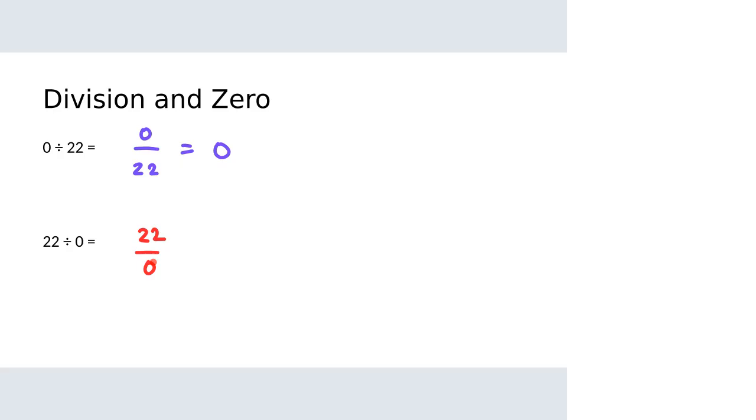Well, that's impossible. I already have a pile of 22 things. I can't make 0 piles out of this. This is undefined. So while we can do 0 divided by a number, we cannot do a number divided by 0. That's undefined.